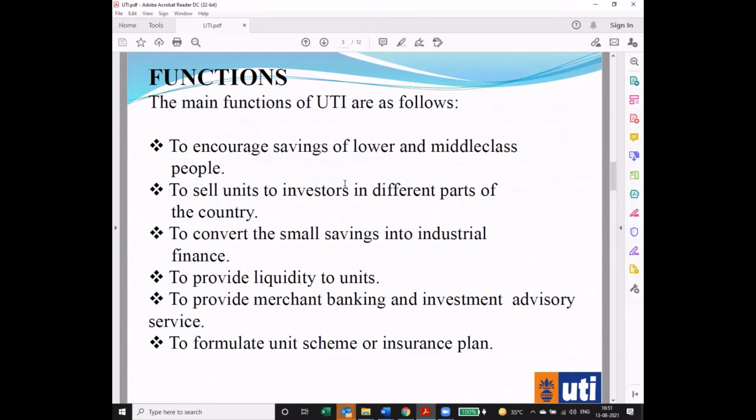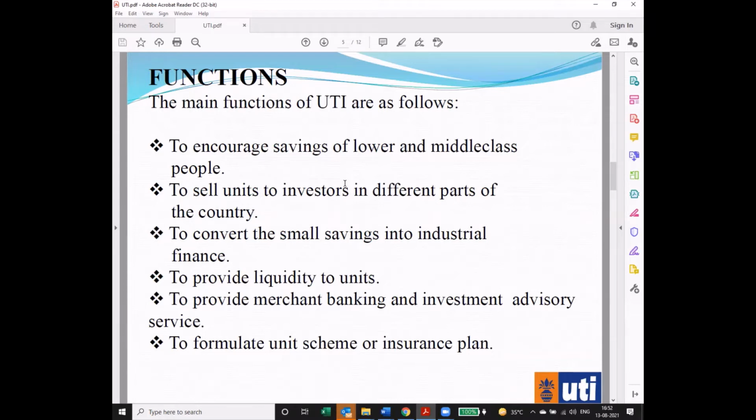So buy these 1,000 rupees, give us 1,000 rupees, buy these 100 units, and at the end of the year, or maybe after 2 years or 5 years, we will see what is the price of this unit. Exactly like a share price market, but with less risk. The important thing was that there was less risk in this business.